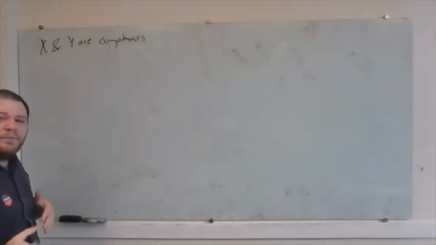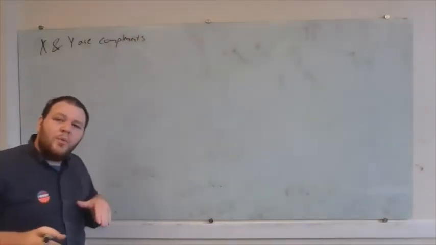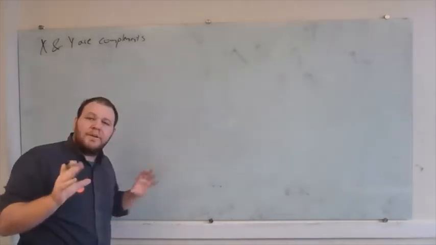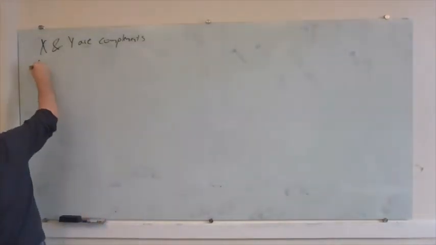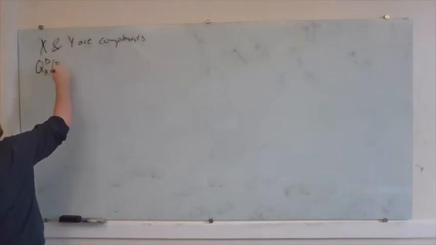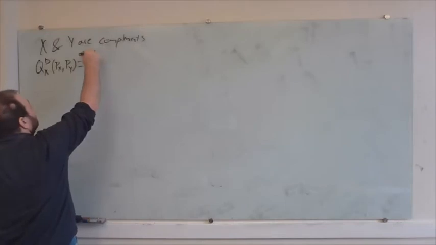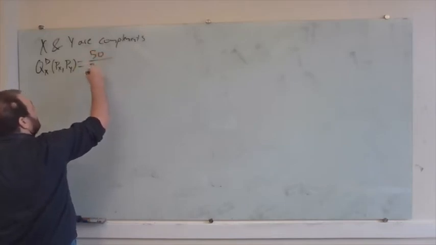And we worked out in our problem set some demand curves for Zolifil and for Yeslinti. We said something like the quantity demanded of Zolifil at a price px and price py equals 50 over 5px plus py.